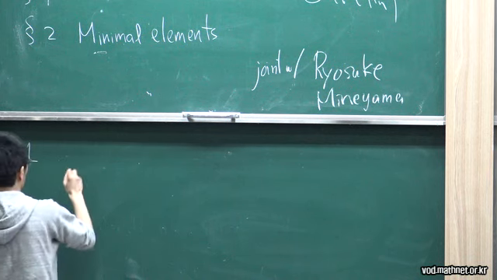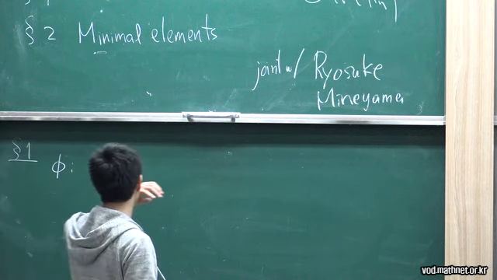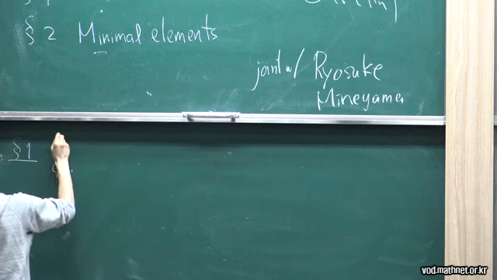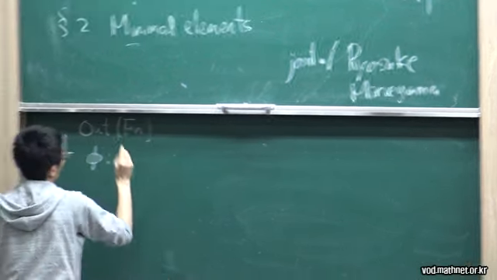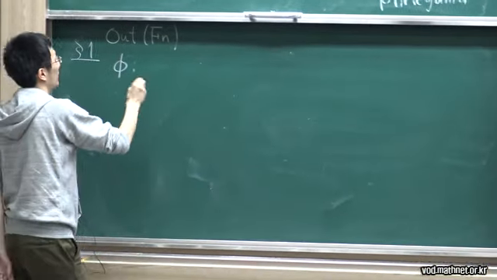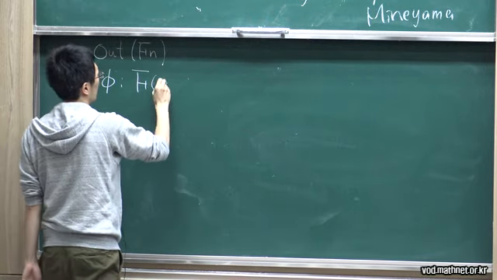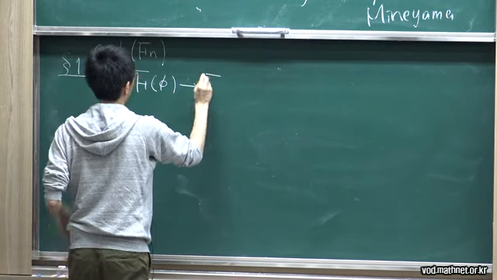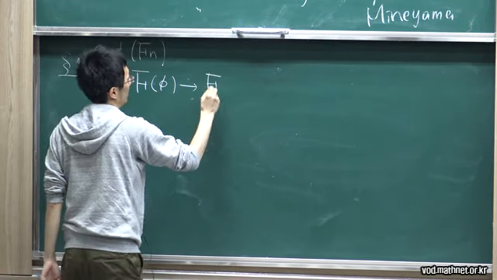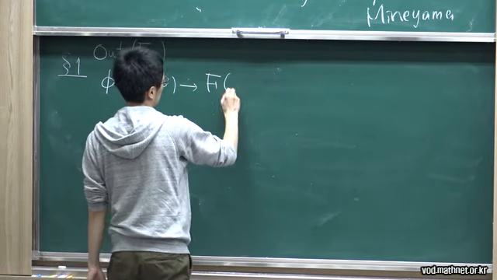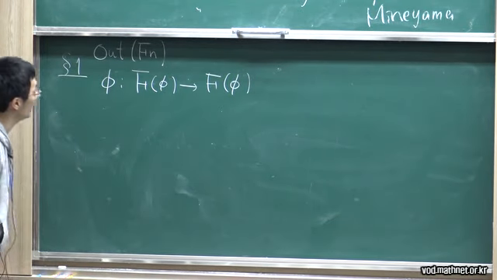Similarly, I will use the same notation, but now I will think about phi, an element in Out(F_n), and I will use the notation F(phi) to mean the free group on which phi is defined.